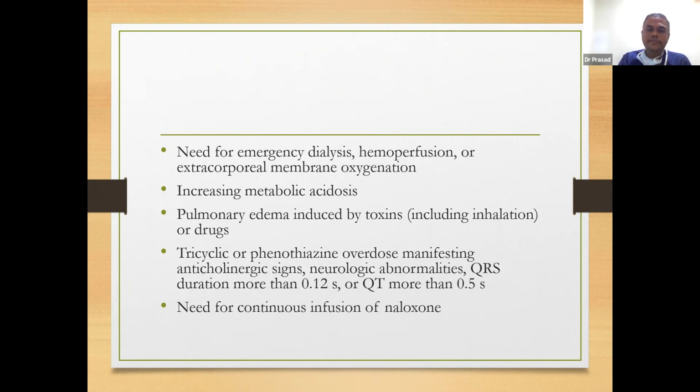Someone with increased metabolic acidosis, and also tricyclic or phenothiazine overdose manifesting anticholinergic signs, neurological abnormalities, QRS duration more than 0.12 seconds or a QT of more than 0.5 seconds. And someone requiring continuous infusion of naloxone, that is suspected or diagnosed opioid overdose, and you are planning to start an infusion of naloxone, preferably he should be given close monitoring in an ICU setting.